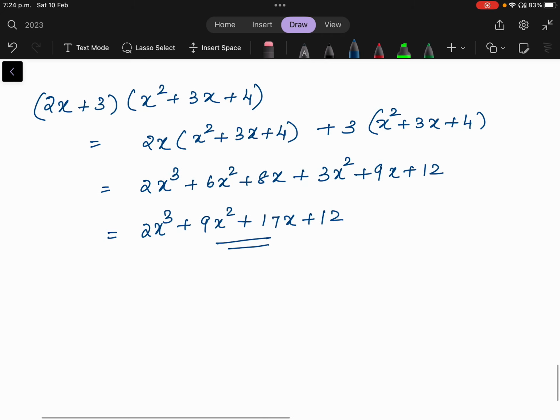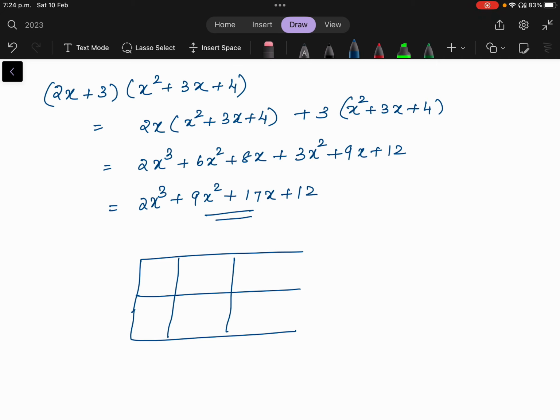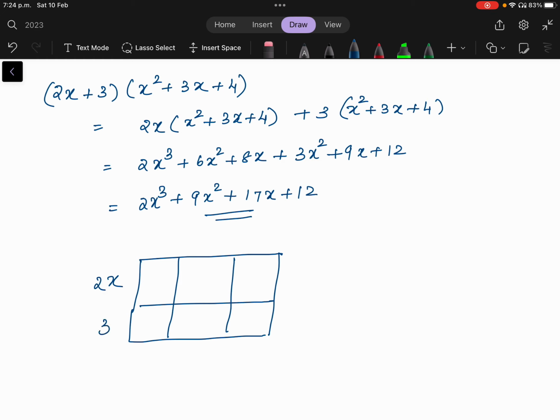Okay, the same thing you can do in box method. So in this case, when you are drawing a box, since there are three terms, you need to have 2 and 3. Okay, it should be like this. Now this will be 2x plus 3, and this is x square plus 3x plus 4. So if there is a negative sign, you have to include the negative sign also. Now this will be 2x cube plus 3 into 2, 6x square plus 8x plus 3x square plus 9x plus 12.